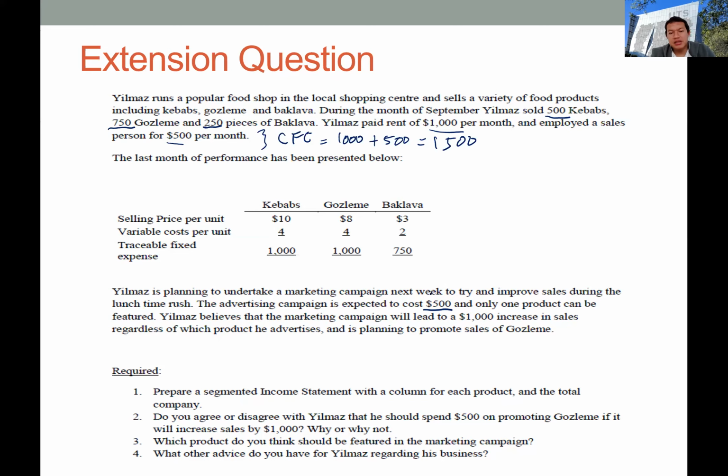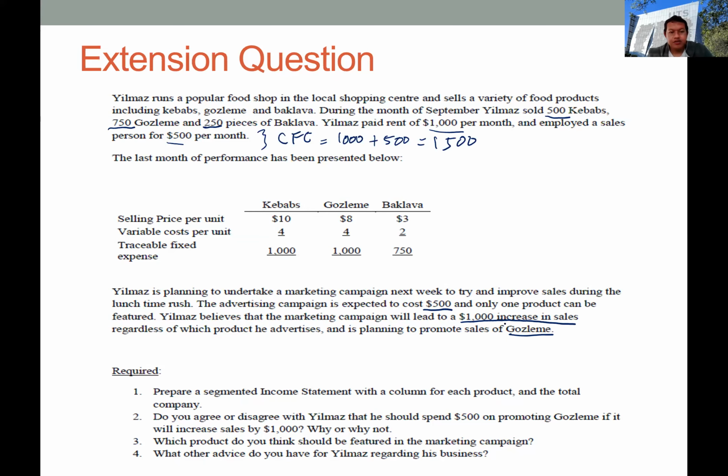Yilmaz believes that the marketing campaign will lead to 1,000 increase in sales, regardless of which product he advertised. And he's planning to promote sales of gozlimi.